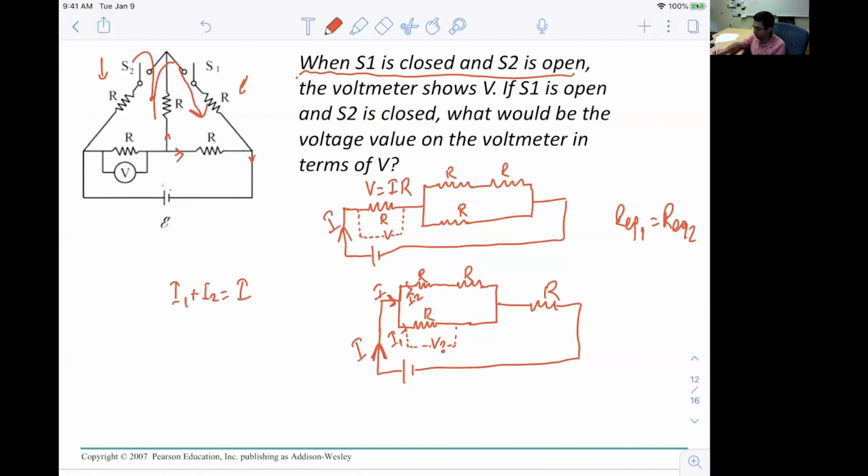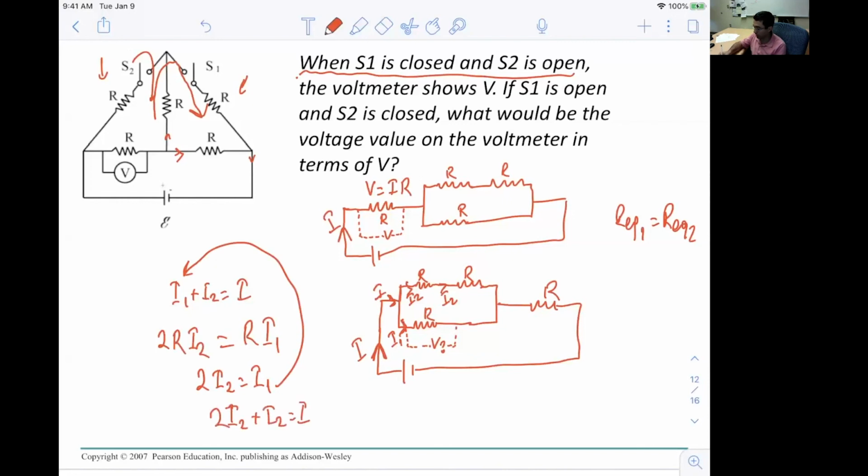And because the potential is going to be the same, 2R times I2, since I2 goes through 2 resistors, equals R times I1, since I1 goes through 1 resistor. So then you say that 2I2 equals I1. Then if you plug this in here, 2I2 plus I2 equals I. Then I2 is going to be I divided by 3.